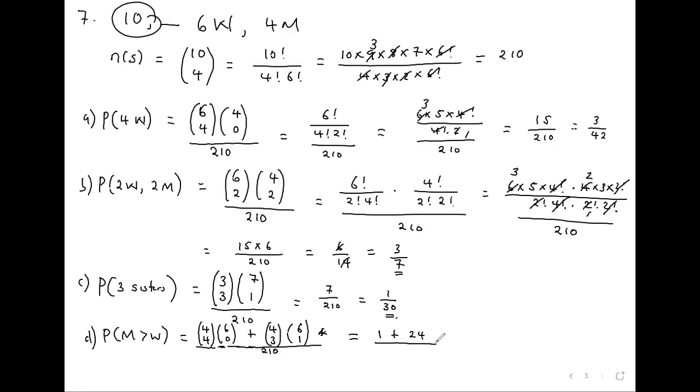That is 25 over 210. This can be reduced. If you take 5 there, it goes 5 times. If you take 5 here, it goes 42 times. This is 5 over 42.